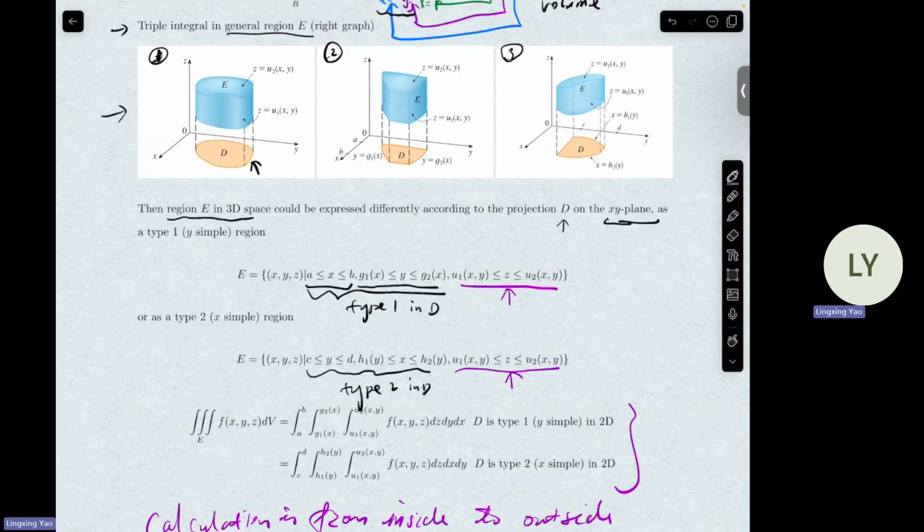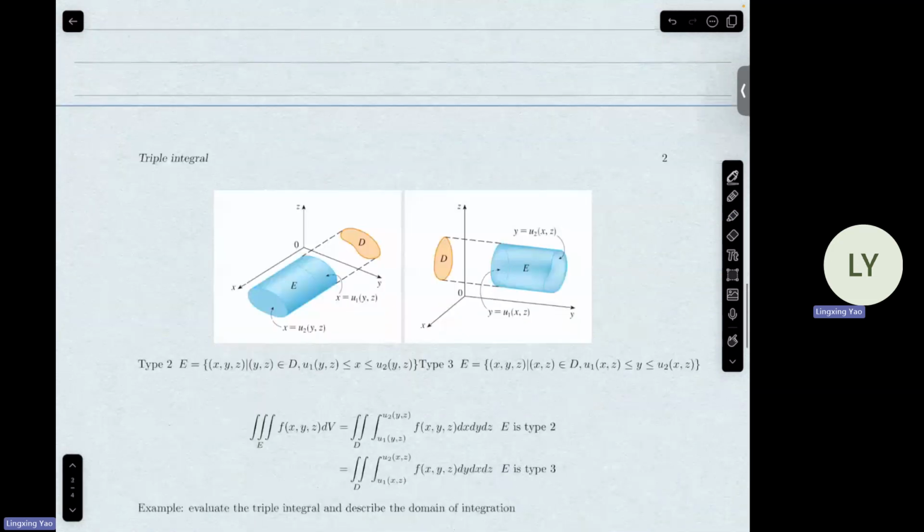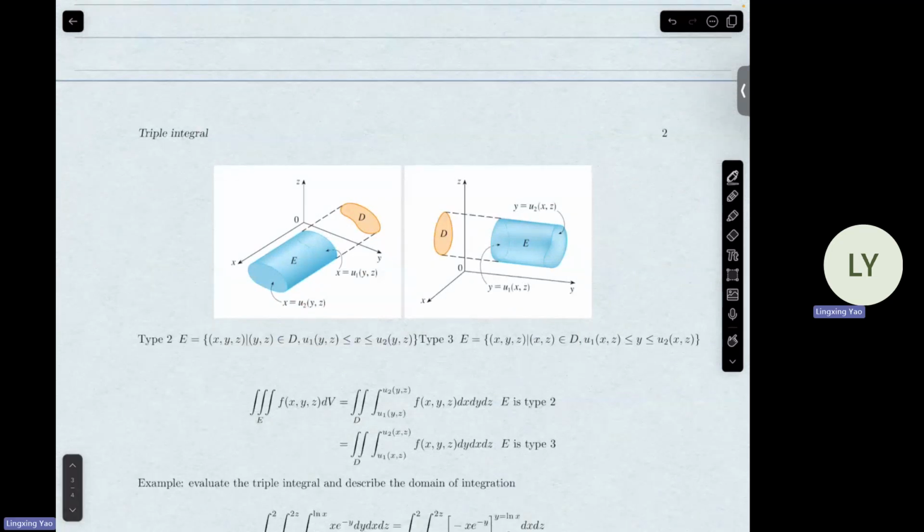I think last time we discussed the projection of E onto the xy plane. Over this xy plane, the projection D could be type 1 or type 2, and the same idea could be applied to other regions.